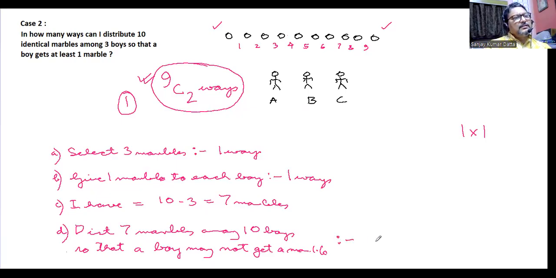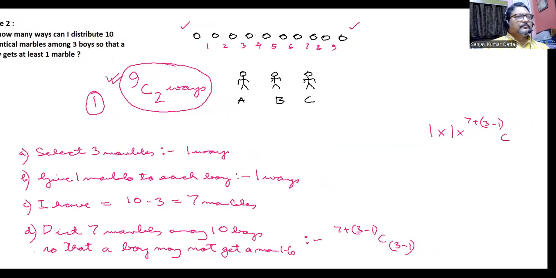And how do you do that? 7 plus how many plywoods? 3 minus 1, C, 3 minus 1. Yes or no? So simultaneously do that also. 7 plus 3 minus 1 C 3 minus 1. And that is equal to 1 into 1 into 9C2.